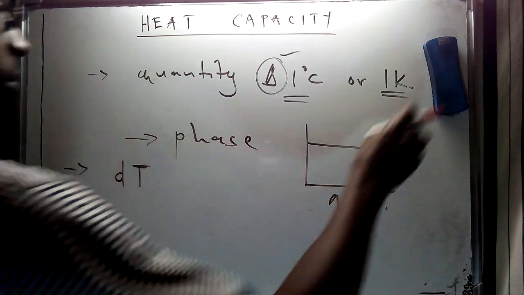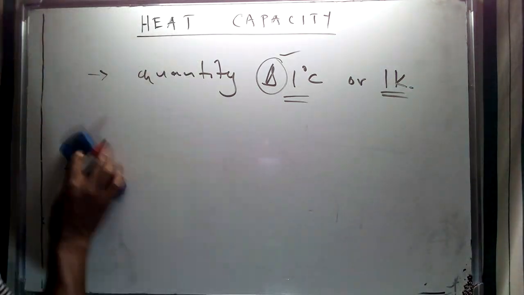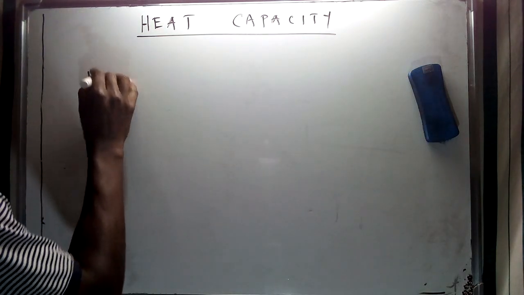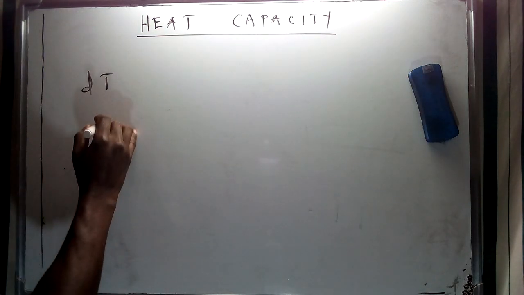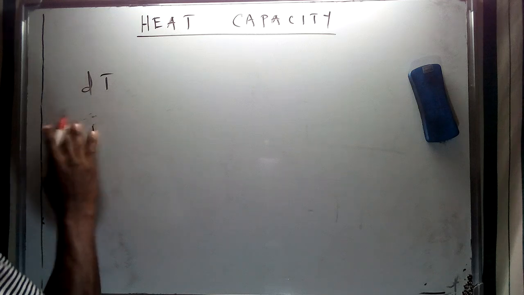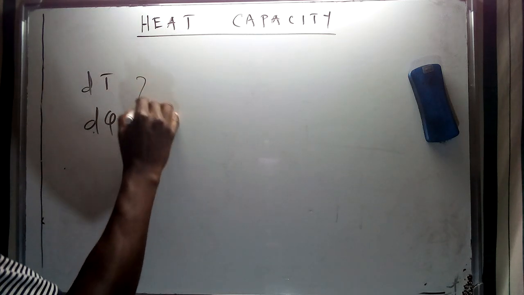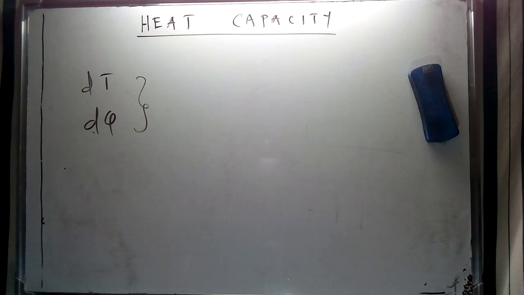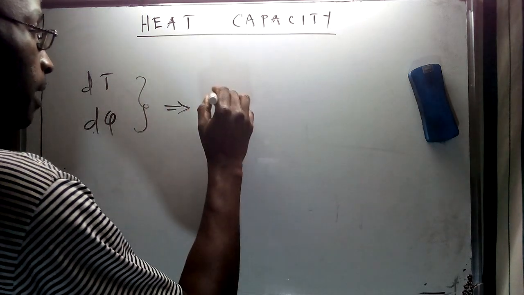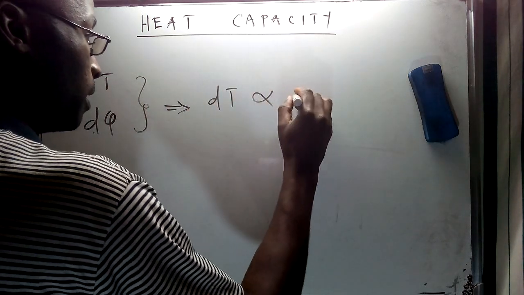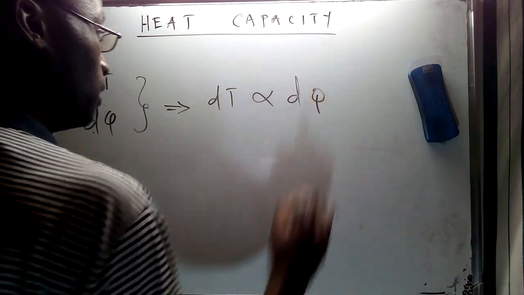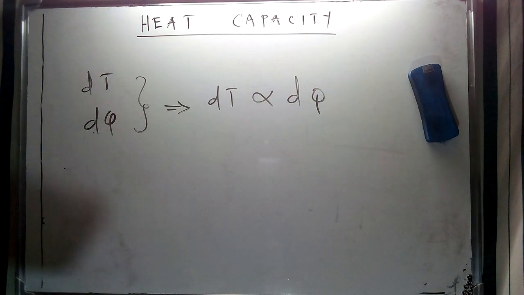We can illustrate this in terms of an equation giving a relationship between the change in temperature and the change in heat, Q. The change in temperature is going to be directly proportional to the change of heat energy.